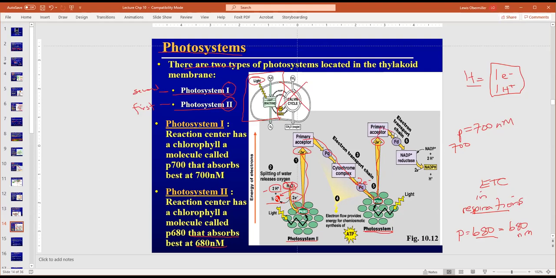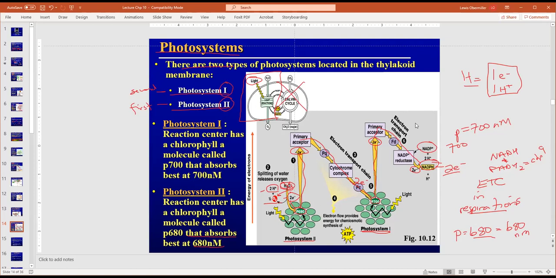These electrons then go on to the electron carrier, NADP plus, to make NADPH. Remember, this has 2 electrons, just like the 2 electrons on NADH and FADH2 in chapter 9.